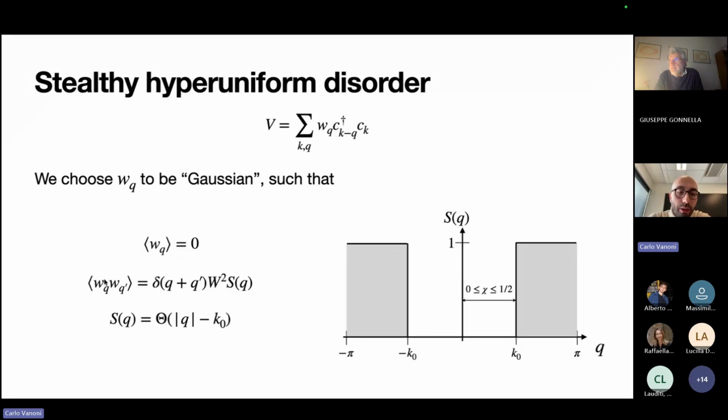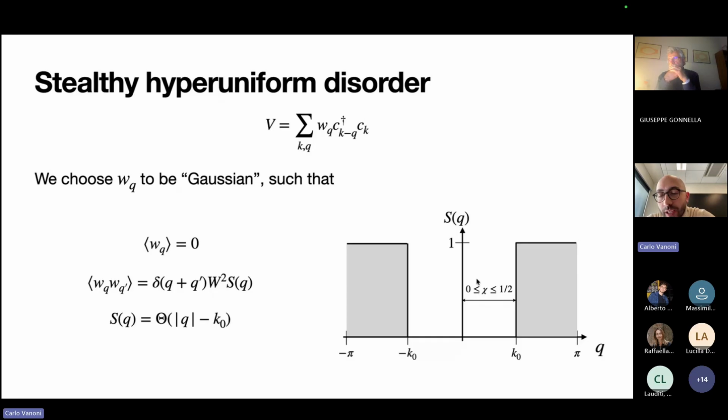But the two-point correlation is delta-like correlated in momentum, but modulated by a function, S of q, that depends on the momentum. And we choose this function to be a step-like function. So it's 0 in a range of wave vectors around the origin, as the stealthiness prescribes. And then at some value k0 that we can tune, S of k is simply equal to 1.